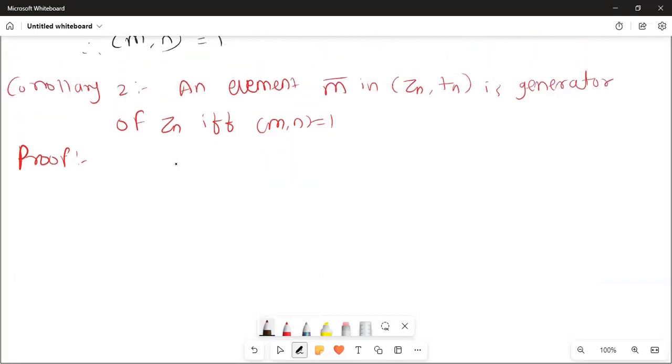An element m bar in Zn is the generator of Zn if and only if gcd of m, n is equals to 1. तो यहाँ पे देखो Zn दिया है.